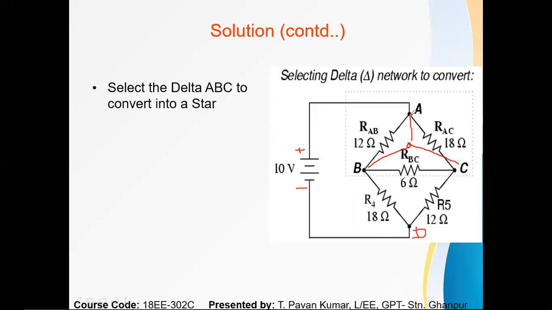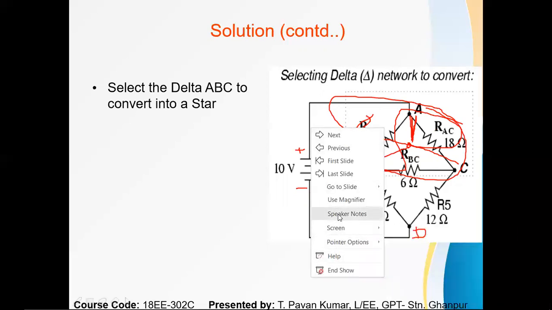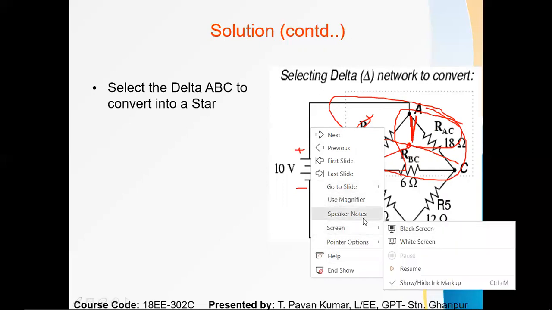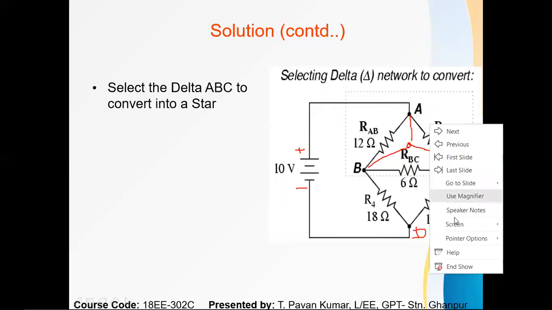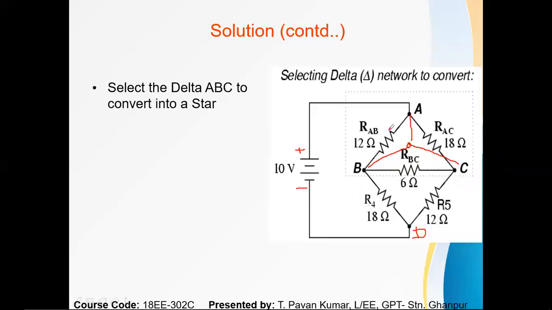So now I'm finding this arm, RA. It is the multiplication of the adjacent arms, RAB and RAC, divided by the summation of the total arms.